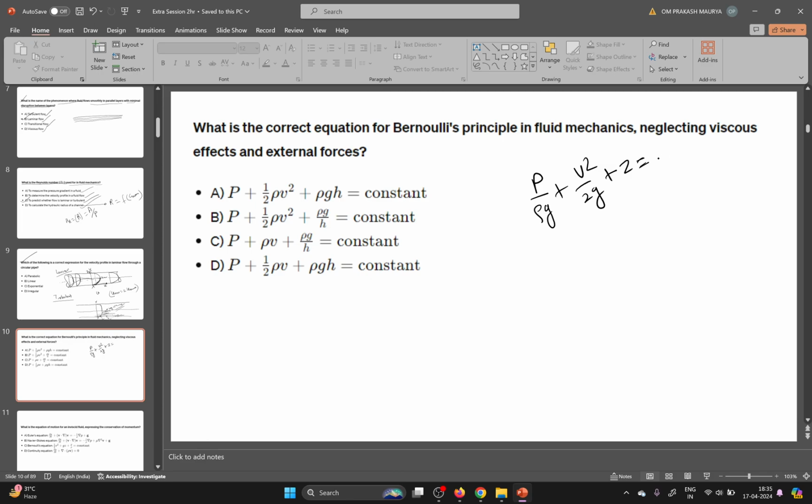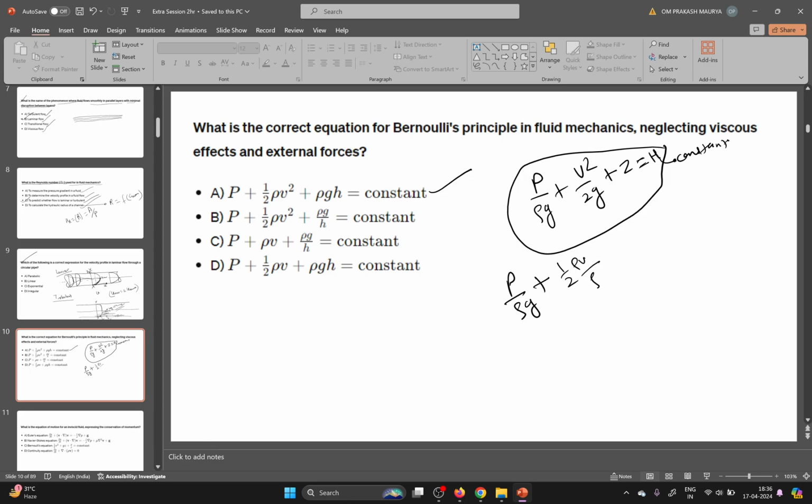So if you take option A and divide by rho g, you get P by rho g plus half rho V square divided by rho g plus rho g h divided by rho g.